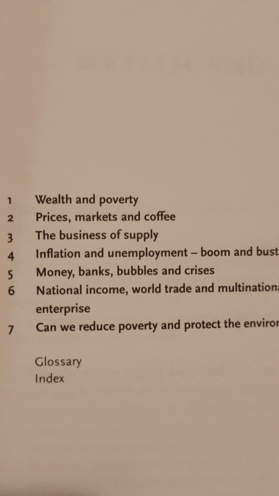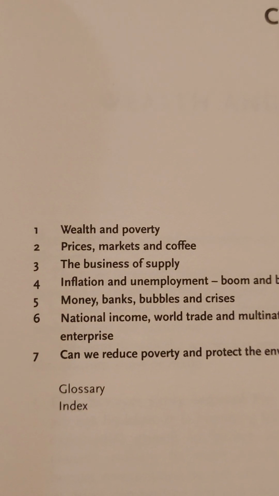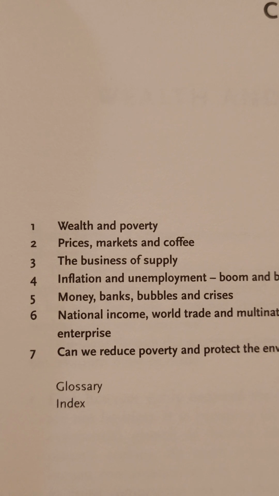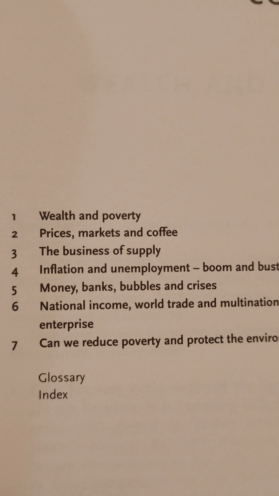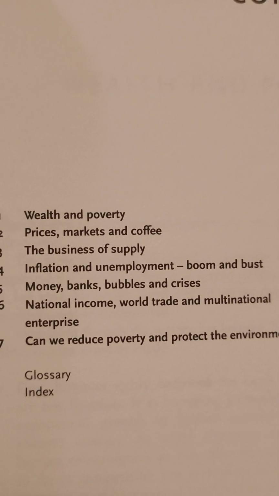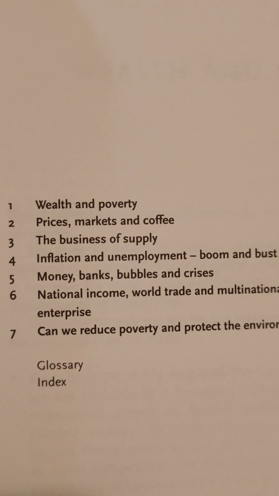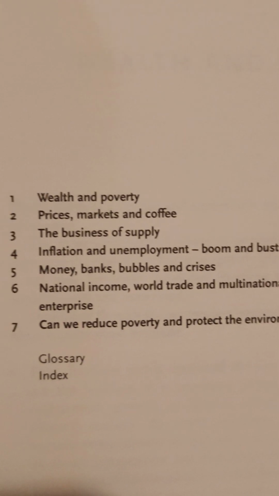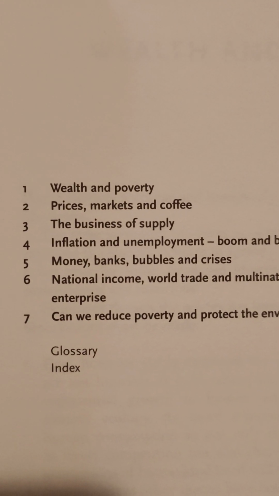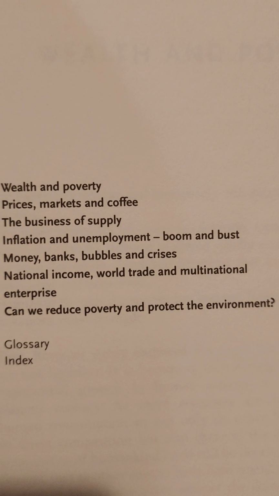If you look at the contents, first is wealth and poverty, second, prices, markets and coffee, third, the business of supply, fourth, inflation and unemployment, boom and bust, fifth is money, banks, bubbles and crisis, sixth is national income, world trade and multinational enterprise, and seventh is can we reduce poverty and protect the environment.